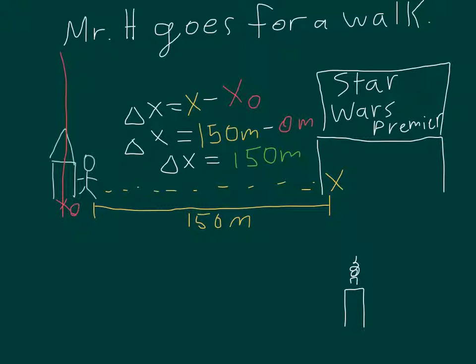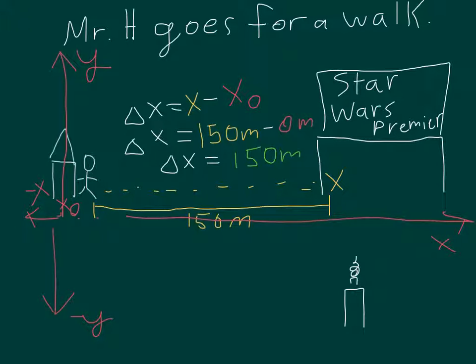So if we were to take my little world here in our video and make it into some sort of giant piece of graph paper, again, this would be the positive y direction, and then this would be the positive x direction. This would be the negative y direction. And this would be the negative x direction. And right there where my house is, that would be like my origin of 0, 0.